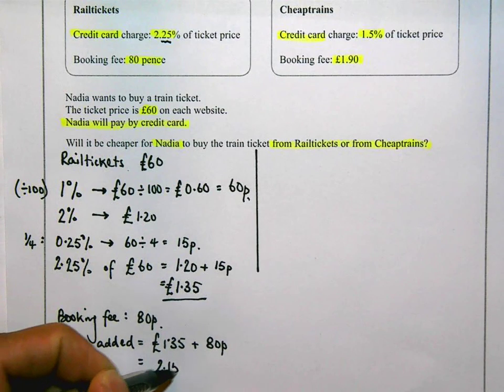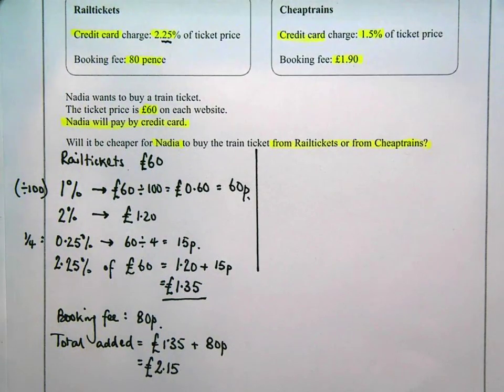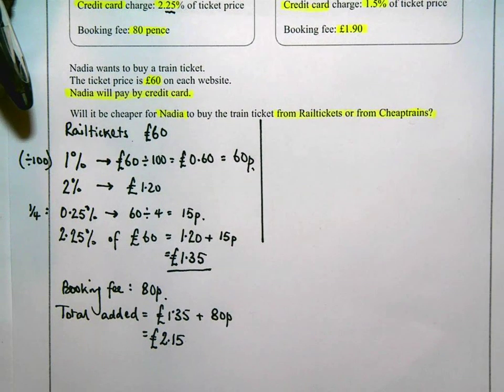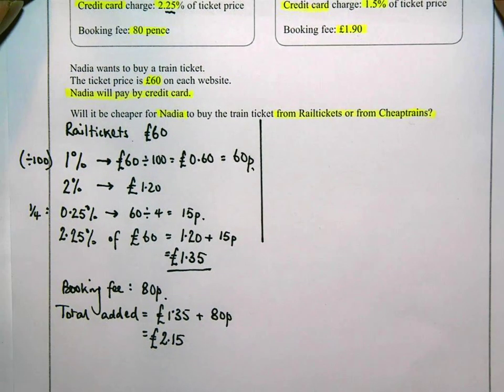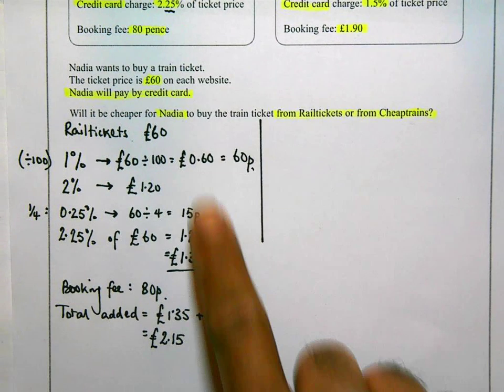So that's the total amount added by rail tickets. I've done all the workings. I've actually shown every stage of it. You may well need to show similar amounts.